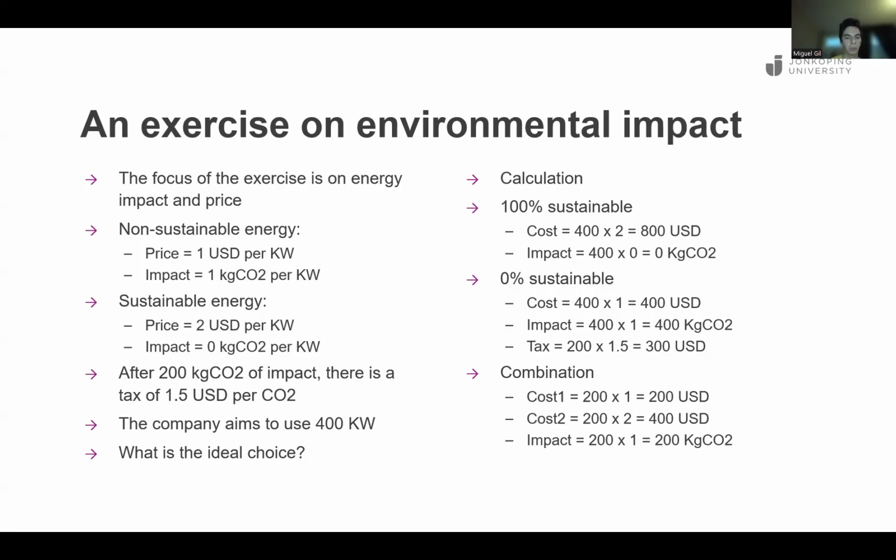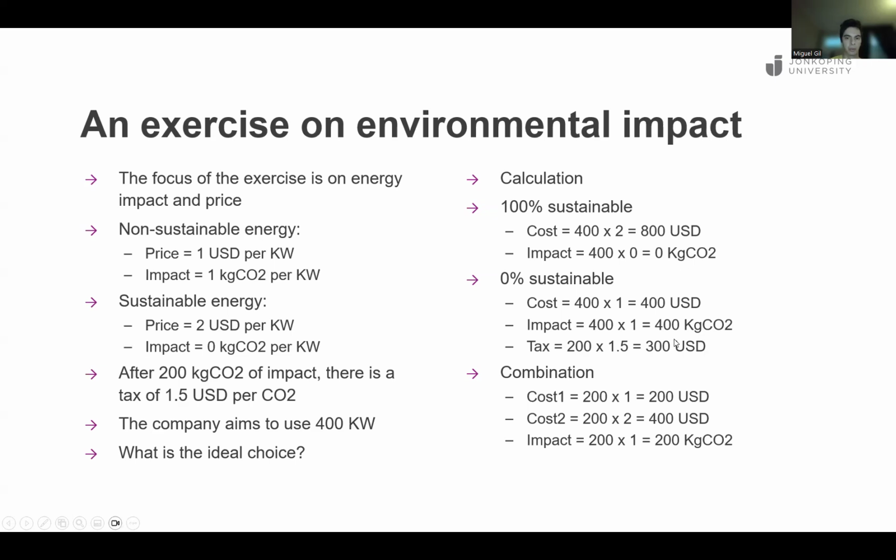When we reach the threshold of 200, we need to pay 1.5 for every extra kilogram. After the 200 limit, we go over by 200, so 200 times 1.5 is $300. If you add the $400 cost plus the tax, you end up with $700. So the total cost is 700, but your impact is very high, 400 kilograms. It's a little bit cheaper, by 100, but the impact is much more.